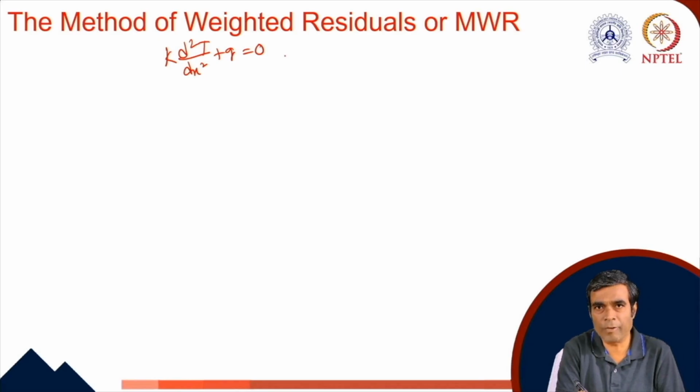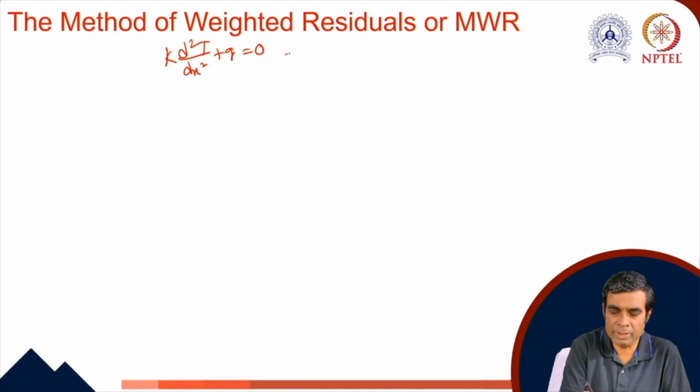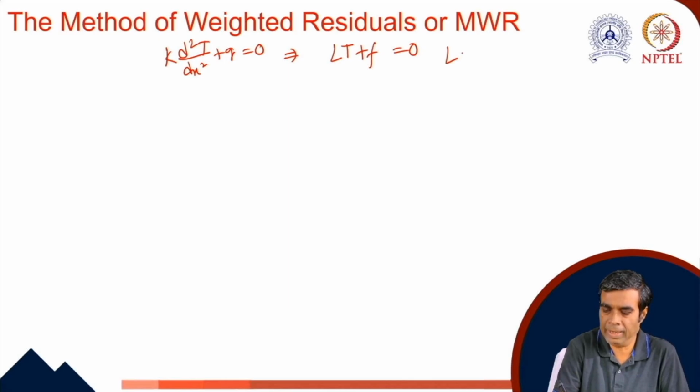This is the strong form, the exact equation, or the continuum equation. This equation can be represented as LT plus F equals 0, where L is an operator.